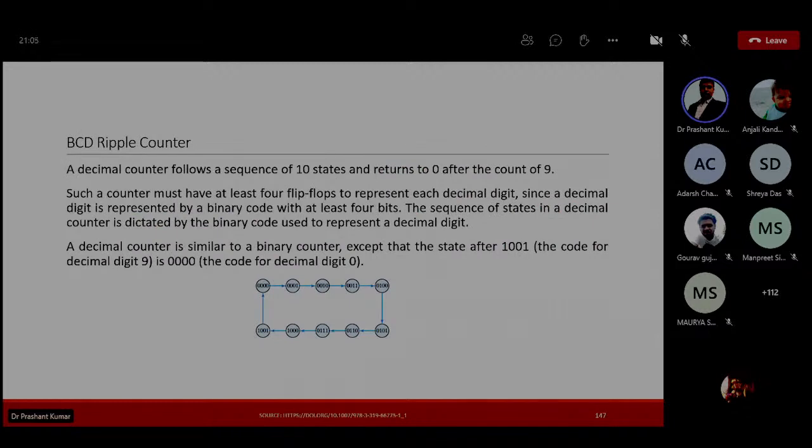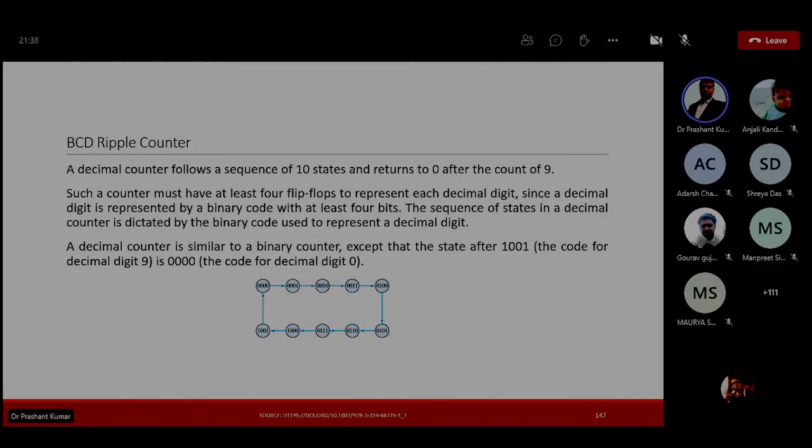BCD Ripple Counter. The decimal counter follows this sequence of 10 states and returns to 0 after the count of 9. Such a counter must have at least 4 flip-flops to represent each decimal digit, because a decimal digit represented by binary code requires at least 4 bits. The sequence of states in the decimal counter is dictated by the binary code that exactly represents that particular decimal digit.